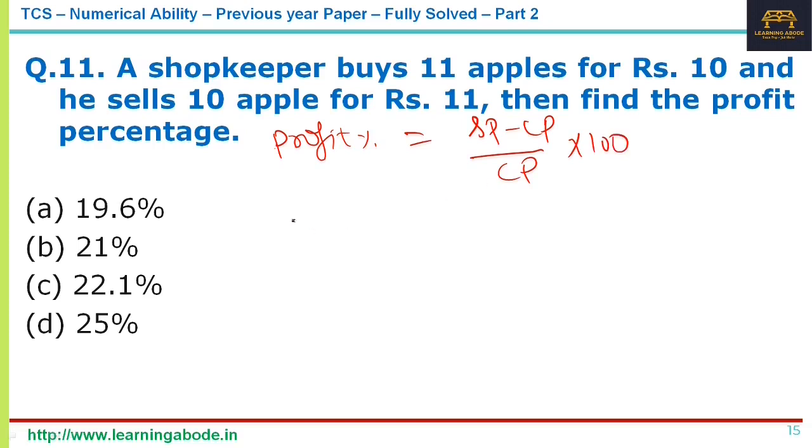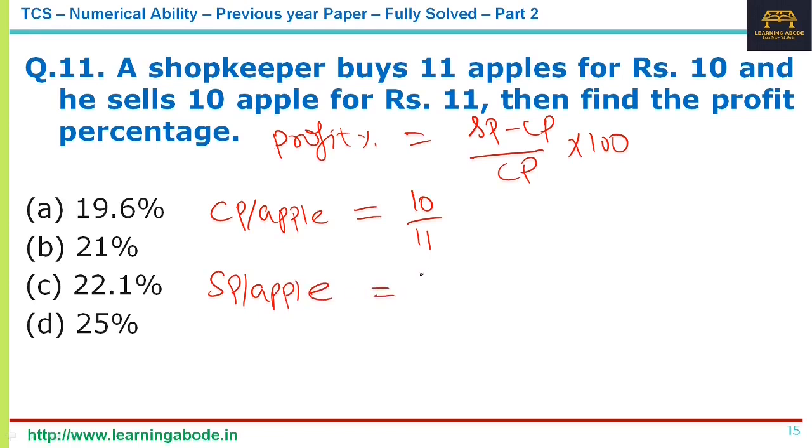We'll write everything per apple. Cost price per apple is 10 by 11, because 10 rupees is for 11 apples. Likewise, selling price per apple is 11 for 10 apples, so it is 11 by 10 per apple. So we want the absolute value of profit per apple.